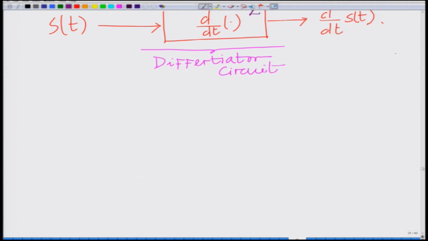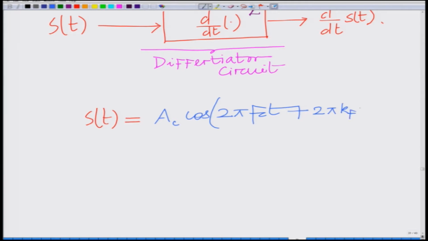Now let us consider our standard FM signal, which is given as s(t) equals A_c cosine of 2 pi f_c t plus 2 pi k_f integral 0 to t m(tau) d tau.